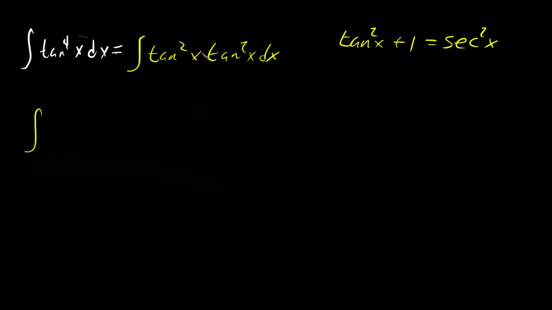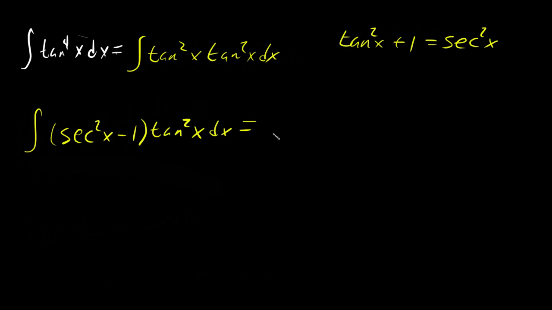So we're going to want to rewrite one of these tan squared x in terms of secant squared x, and then you're going to want to keep the other tan squared x, because since we just rewrote one of them, we're still going to have this left over. So next you're just going to want to distribute.